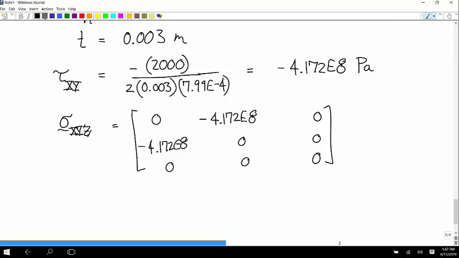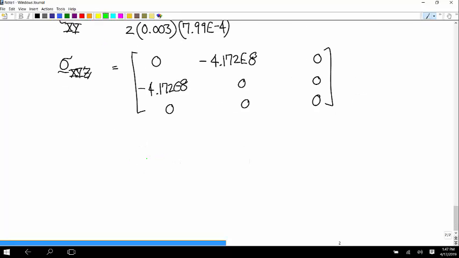And now we have to re-express this in our coordinate system. So we're going from a coordinate system oriented like this to a coordinate system oriented like this. Nope, it's not right. That would be switched. Yeah, so 180 degrees about the x-axis.